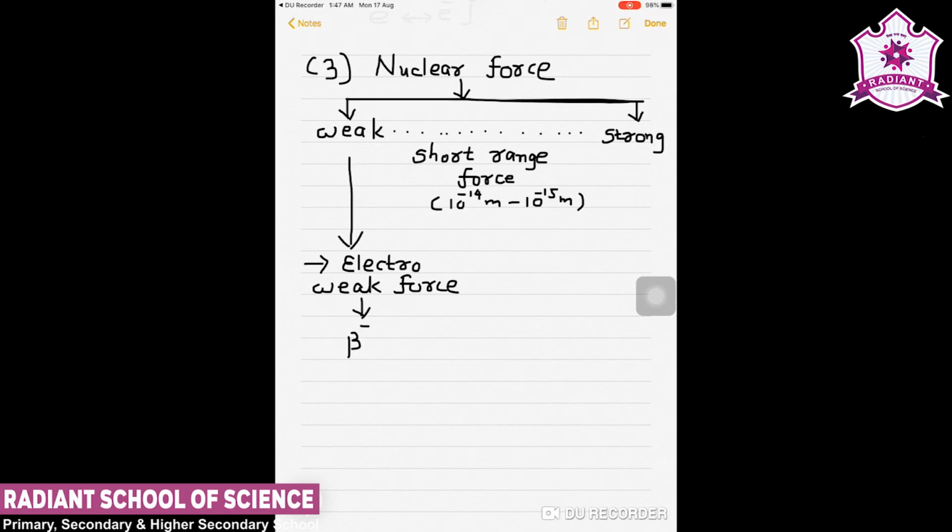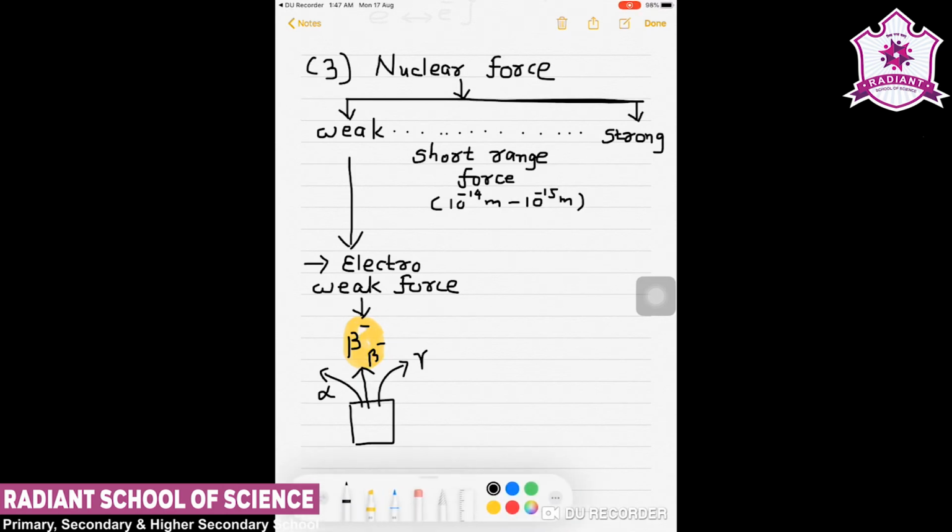So this is very short information about the weak nuclear force, which comes into the picture when radioactivity is there. We know something about radioactivity: alpha, beta, gamma particles are emitted. Out of these, when a beta particle is emitted, neutrino particles, antineutrinos and so on are also emitted with it.